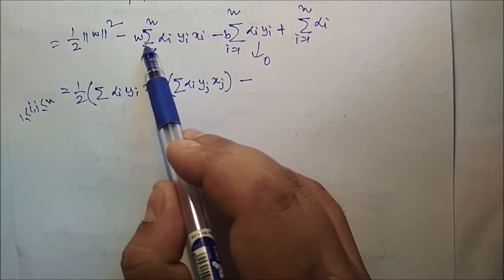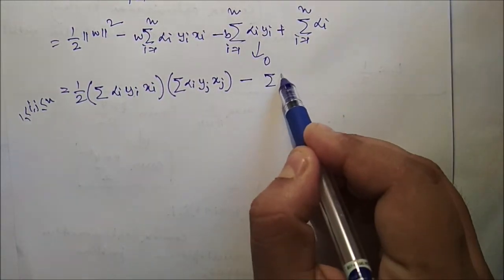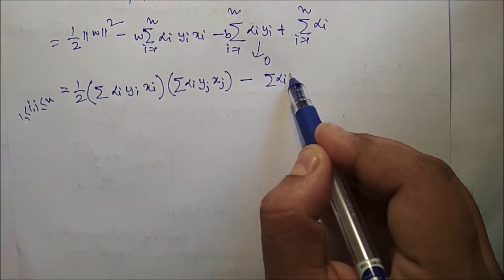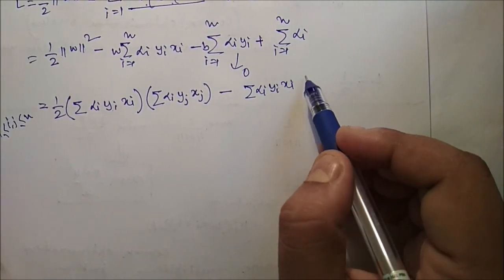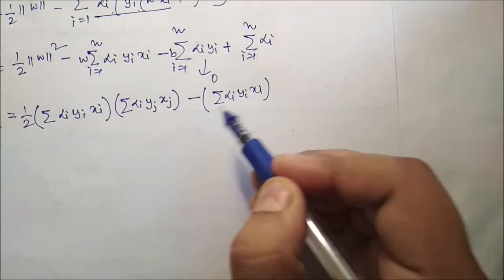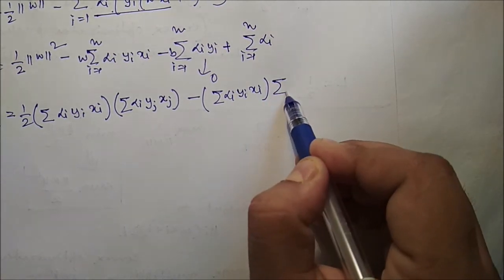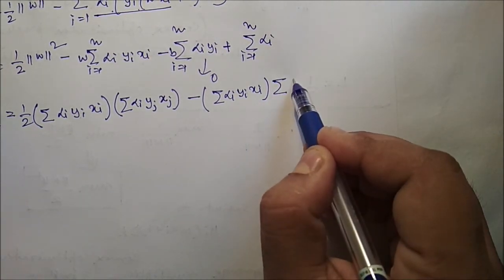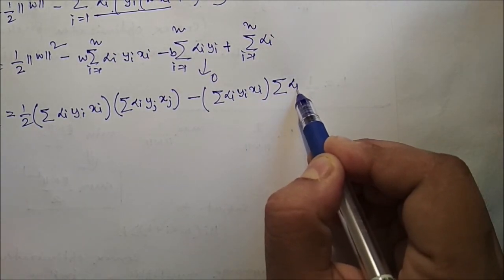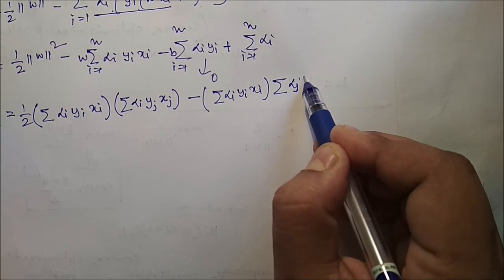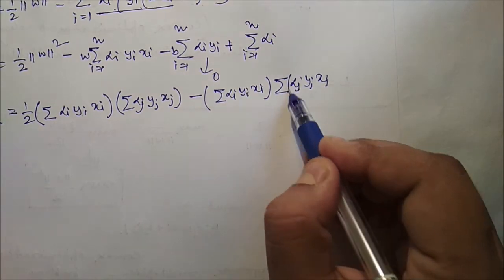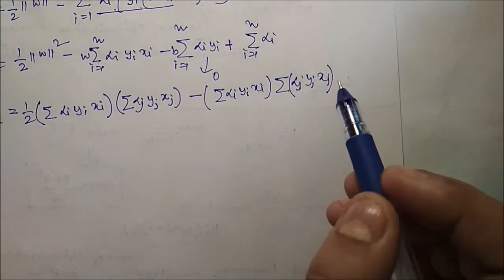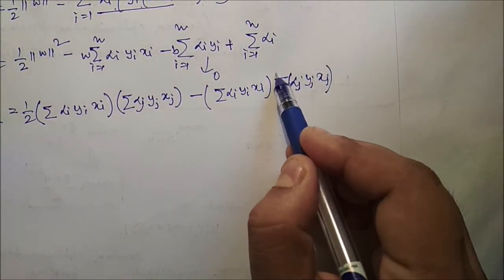So this is w. What is w? Summation of alpha i yi xi into the summation of alpha j yj xj. So this is j. Better to write it this way.